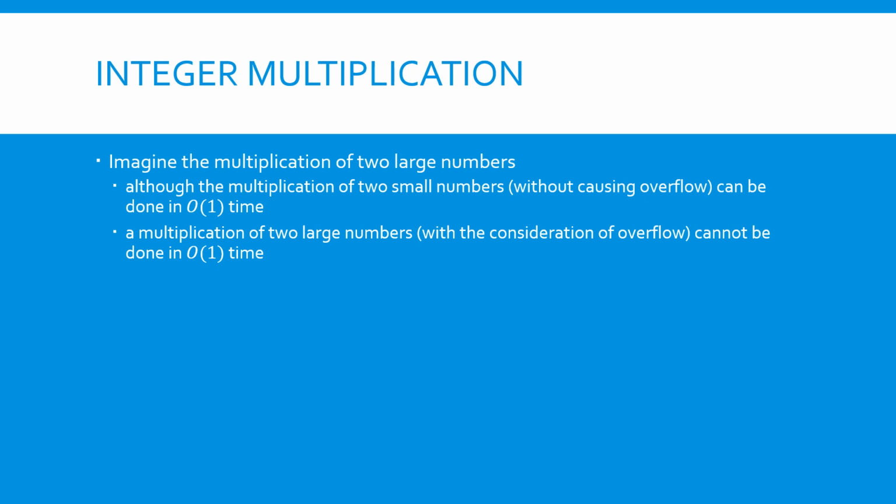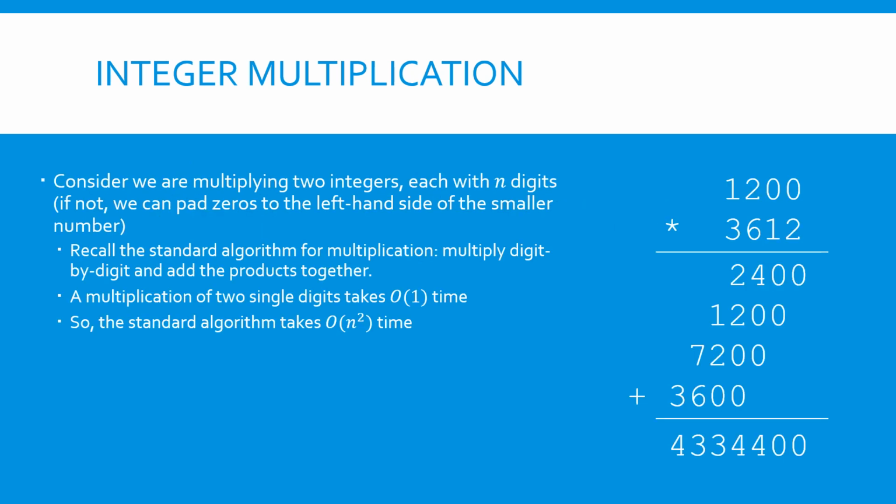To tackle this problem, we can use the traditional standard algorithm, which no longer runs in constant time. For example, consider the multiplication of two integers, 1,200 and 3,612.